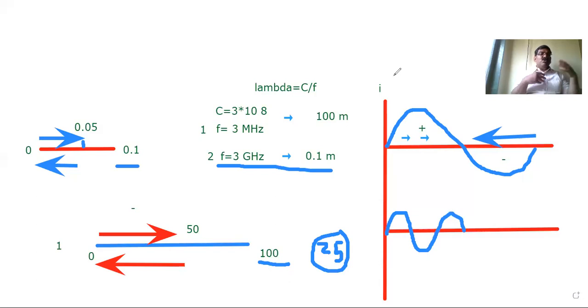I want to go to college, but I'll take the car. So the car will take me there. The car is acting as a carrier for me. It is carrying me to college. Same thing, this high frequency signal is carrying the information to the end.